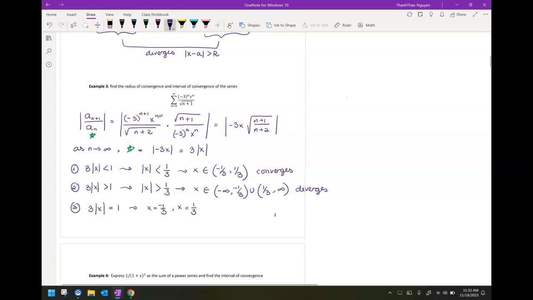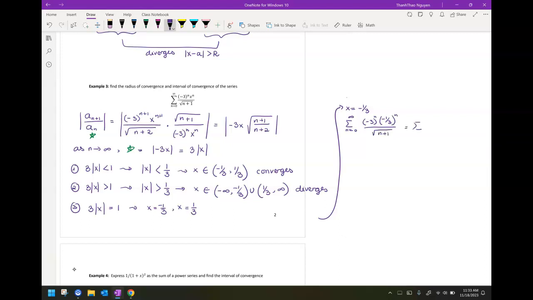What happens when x equals negative 1/3? The series becomes the sum from n equals 0 to infinity of negative 3 times negative 1/3 to the n divided by the square root of n plus 1.